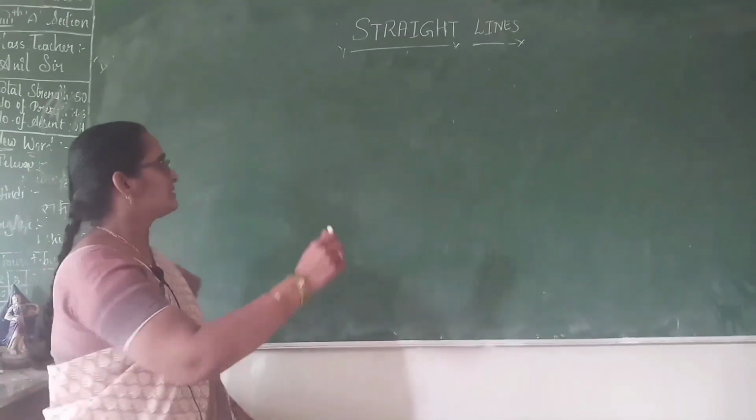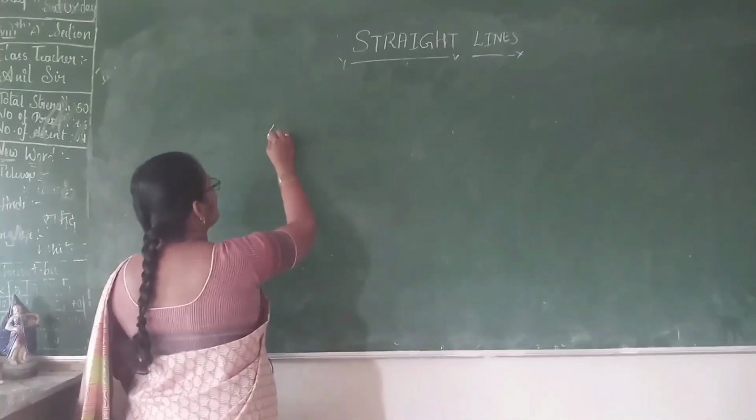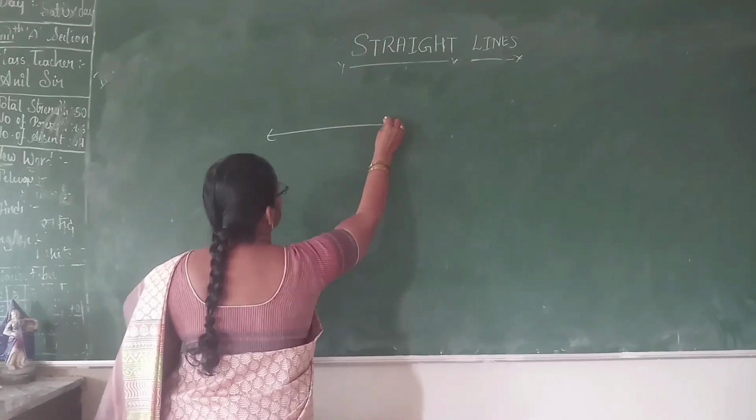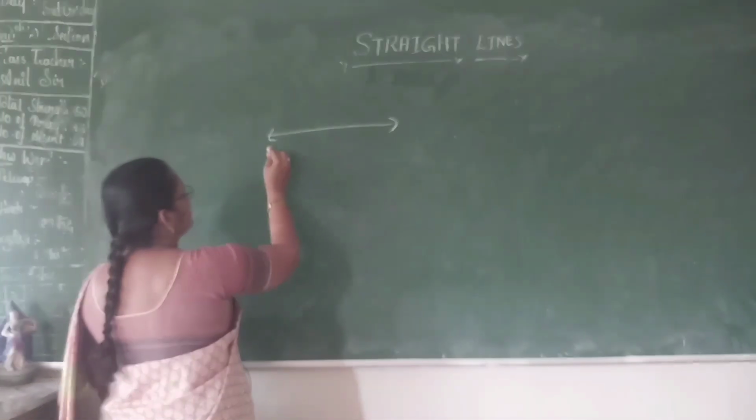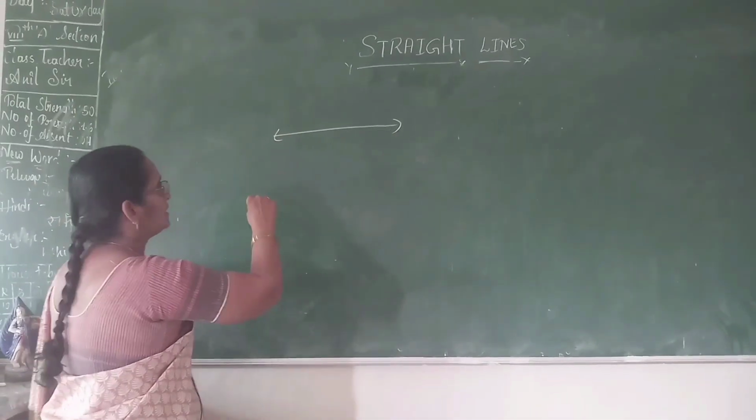A line has no end points. Means we draw like this. This is a line which is not having any end points.